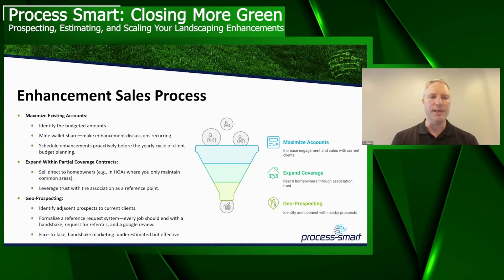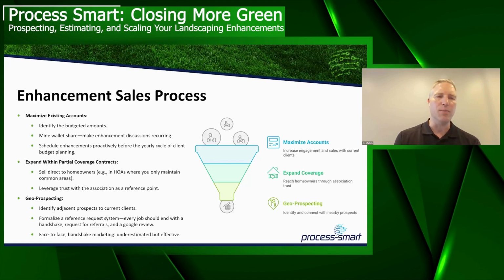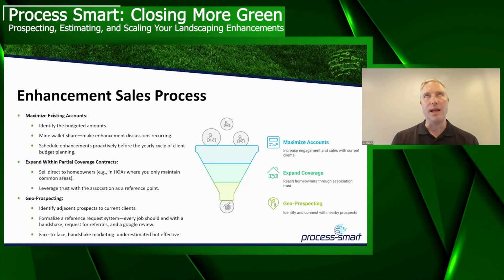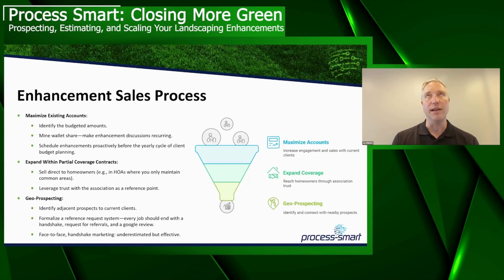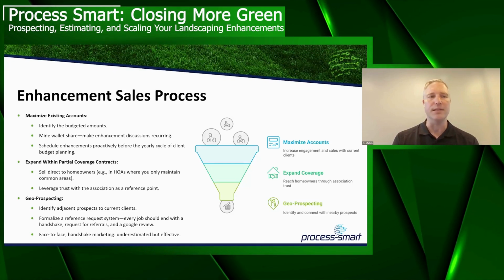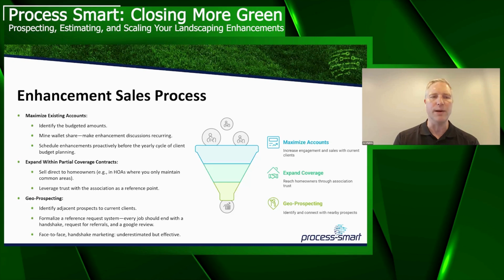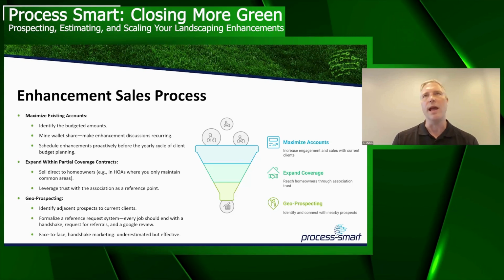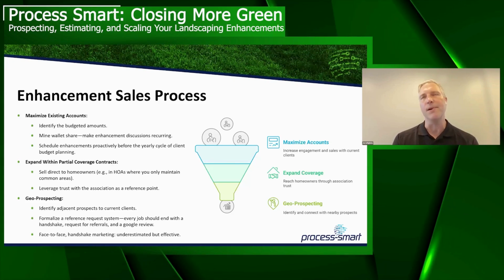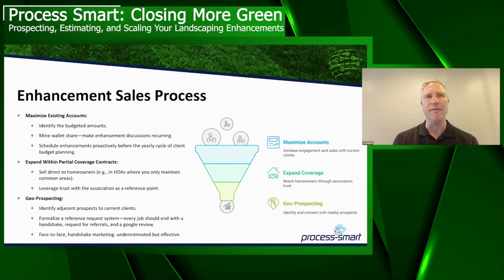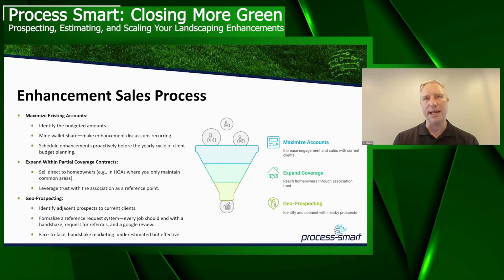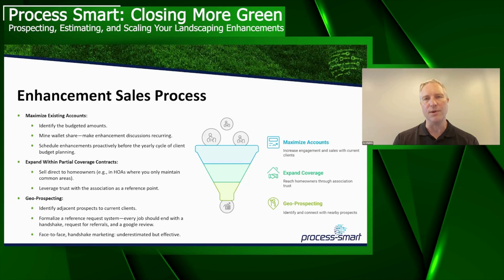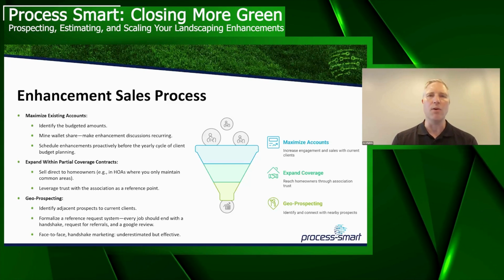And then the last piece that we see people do effectively is what we call geo-prospecting. That's not just doing a scatter shot of clients, but it's really the cousin to the partial coverage contracts, where you look at a Google map or a Bing map and identify all the potential customers within a geography that you're already serving.